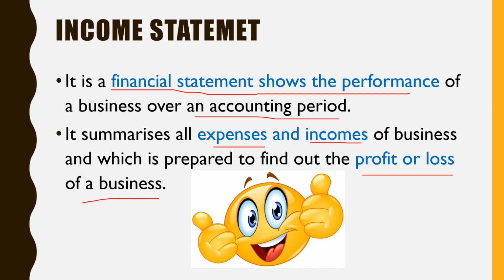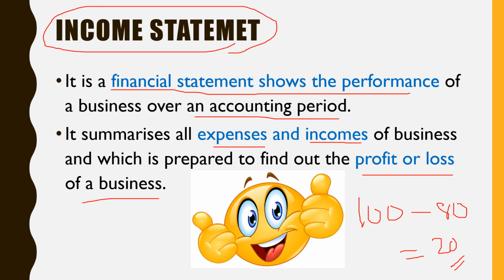For example, if the income of a business is $100 and the expenses are just $80, the difference is $20 profit. So from which statement will we come to know about the profit of a business? That is from the income statement, which is also known as the profit and loss account.